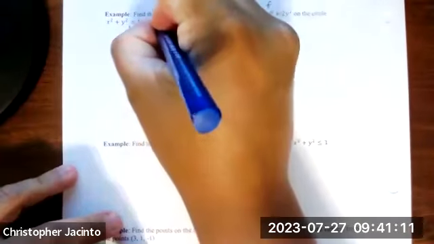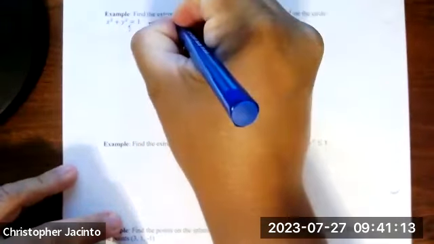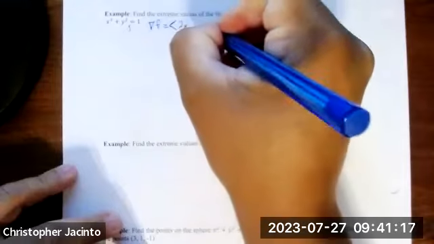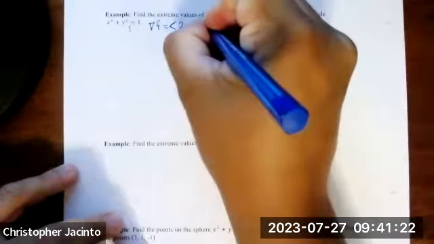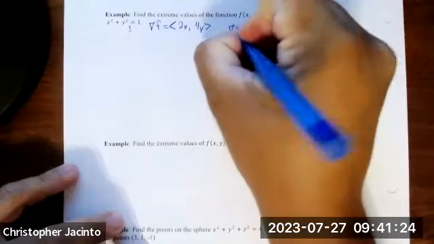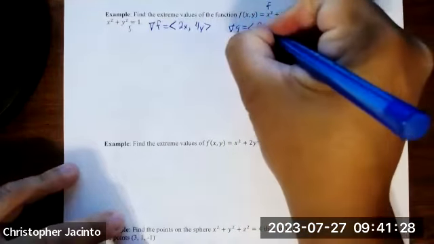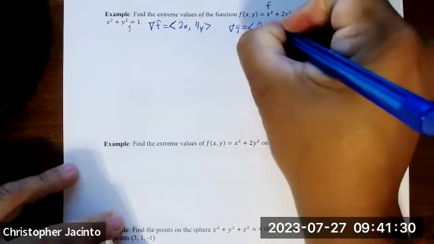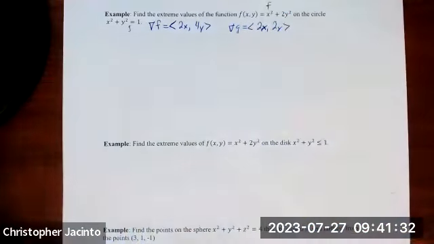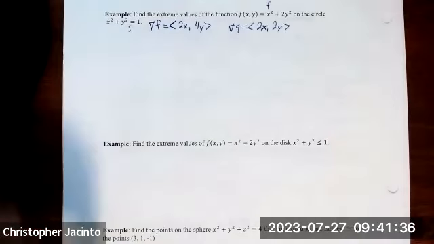So the gradient of f is going to be just 2x, and the gradient with respect to y is going to be 4y. And then now the gradient of g gives us that. So hopefully this is easier, right? Hopefully I gave you less space, so maybe it's easier.